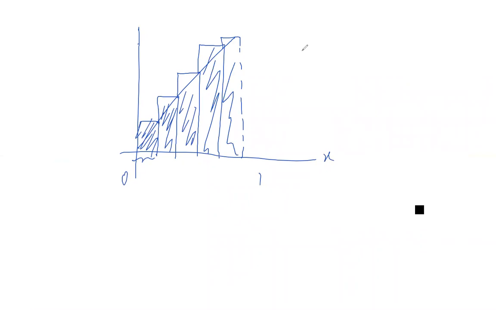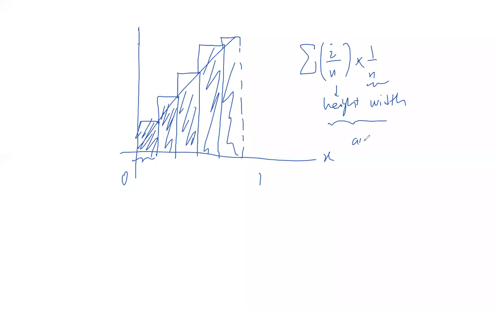And we already showed just now that this will be the width of the rectangular bar, and this will be the height. So when you multiply, this will be the area of the rectangular bar, and then you add up all of them. This gives you n plus 1 over 2n squared, so this will be n plus 1 over 2n.